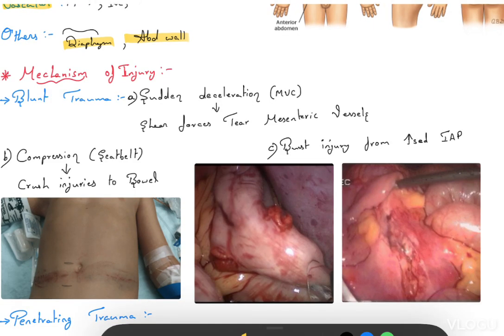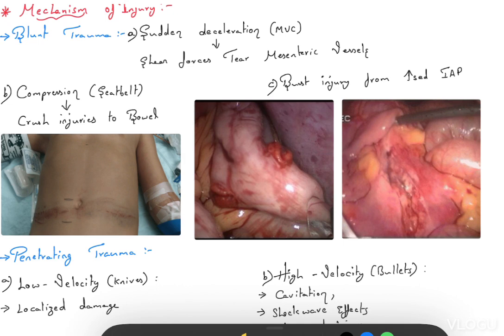Next we can see pathogenesis, or the mechanism of injury. First we are going to discuss blunt trauma. In blunt trauma there is sudden deceleration, for example in a motor vehicle accident, and shear forces tear the mesenteric vessels.